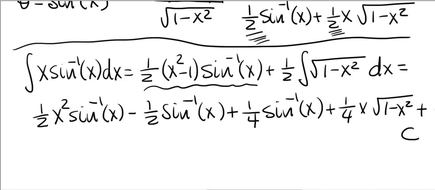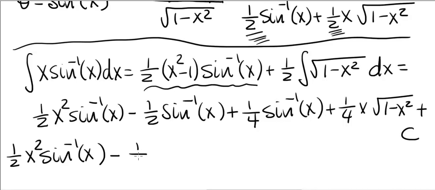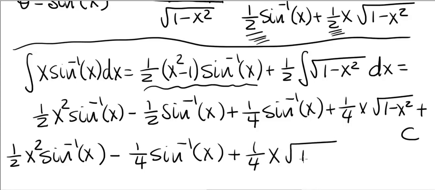So let's simplify this. This is equal to 1/2 x squared times inverse sine of x. Here we have minus 1/2 plus 1/4. That's minus 1/4 inverse sine of x plus 1/4 times x times square root of 1 minus x squared plus c. And we can do one more thing.